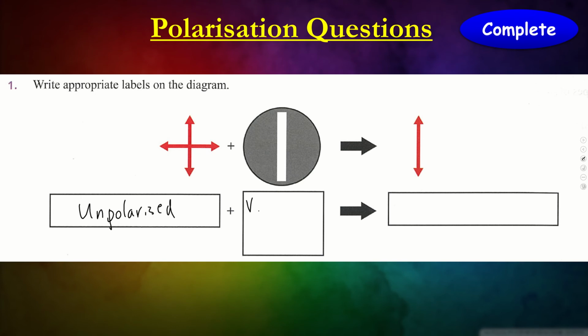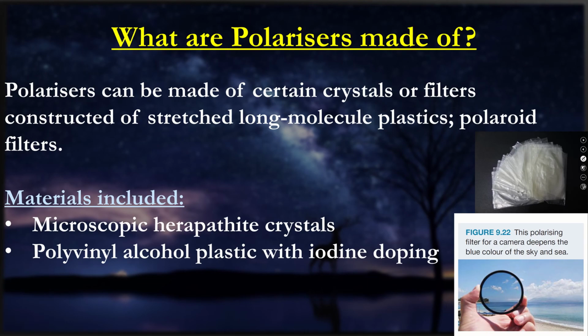Here we have a vertical polarizing filter, and here we have polarized light in the vertical orientation. So it's vertically polarized light. That's how you can control the intensity of light by using these things called Polaroids.